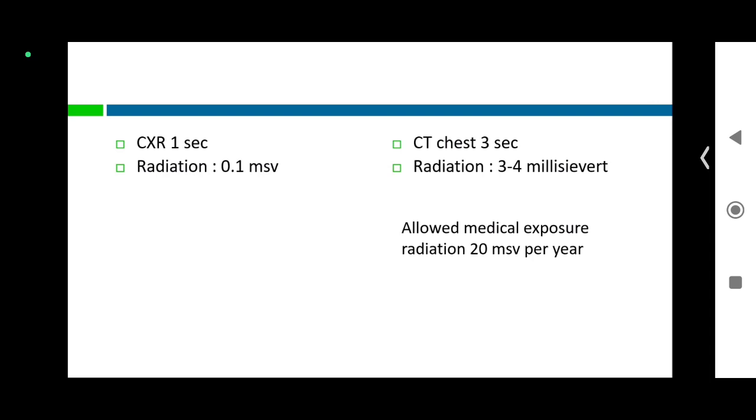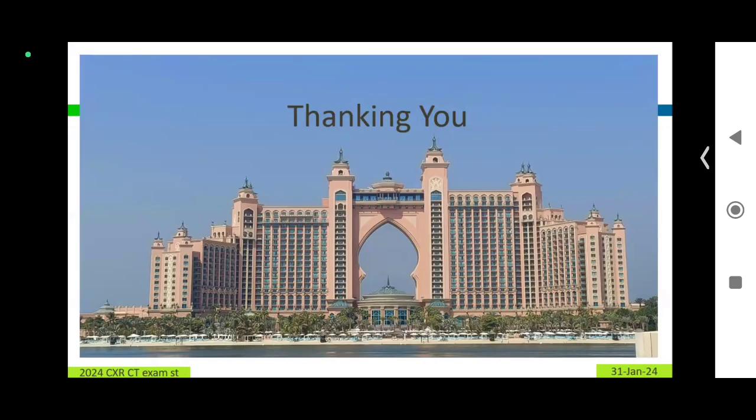That means you can take up to 6 CTs in a year. But we know that no radiation is safe. 1 CT is equal to 30 to 40 X-rays. Use it judiciously so that you can help the child get a proper diagnosis and proper management.